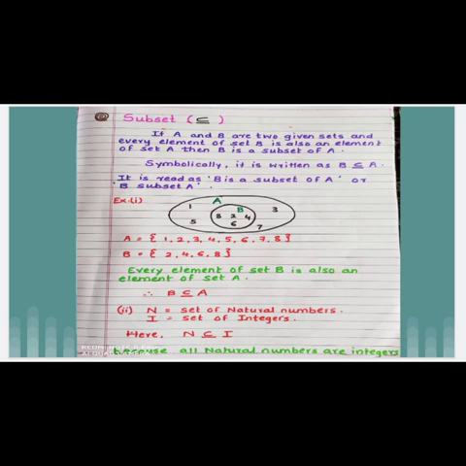So compared to natural numbers, integers are a bigger set. Yes, natural numbers are part of integers. Hence, here N is a subset of I because all natural numbers are integers. Understood?